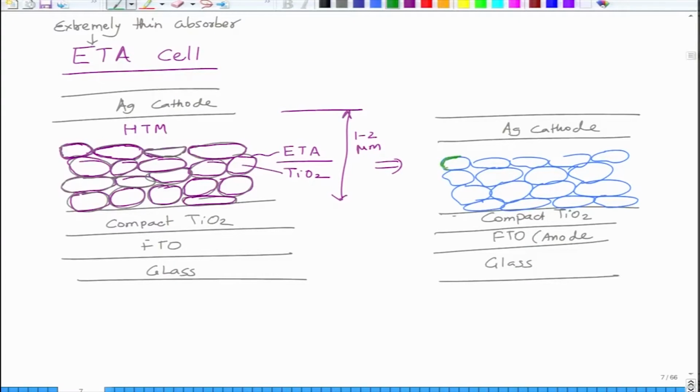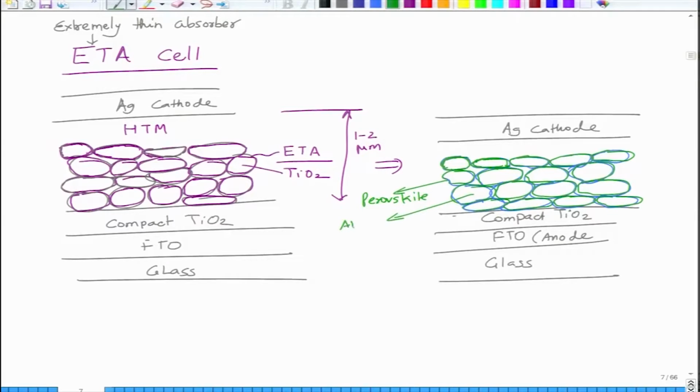This is now a perovskite. The only difference is that this is again an absorber, but a perovskite based absorber. So, basically you can say that development of solid state DSSC was critical towards development of perovskite solar cell. So, this is now perovskite, which is also an absorber, right.